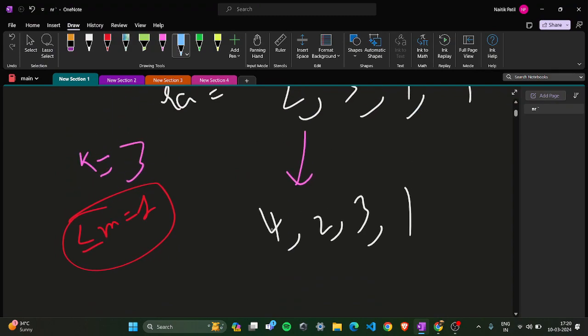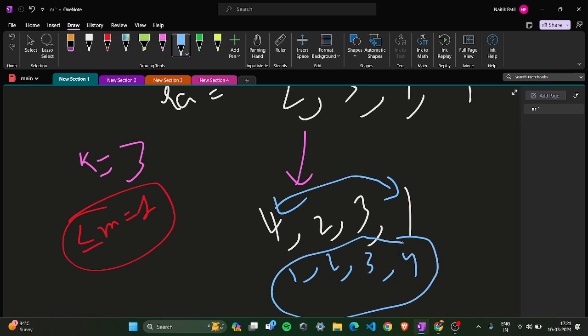So here what we can do is swap these two elements, and yes, we can reach the identity permutation when k is 3 and our m is 1. We can perform at most one operation, and here we are only performing one swapping operation.